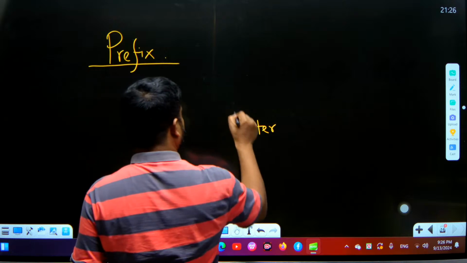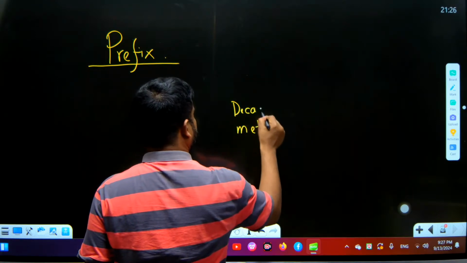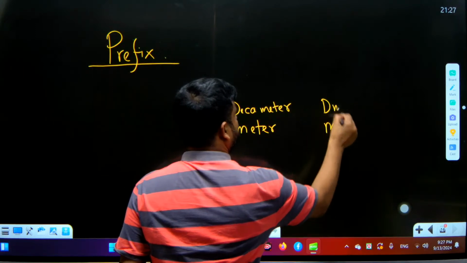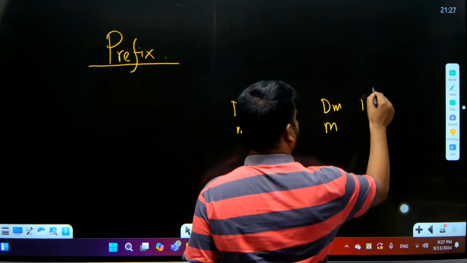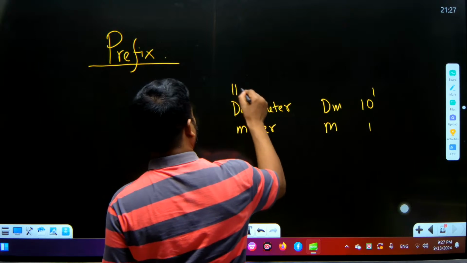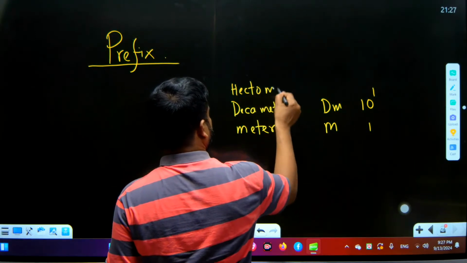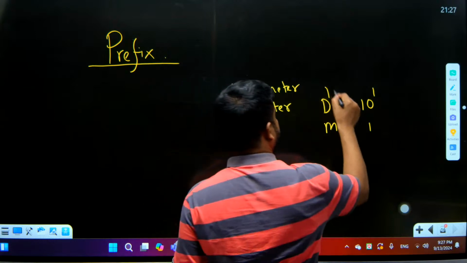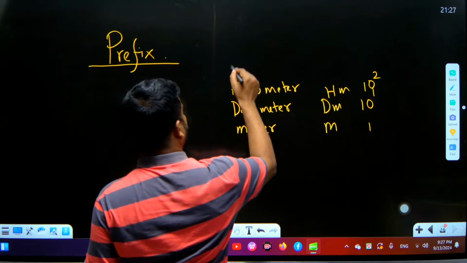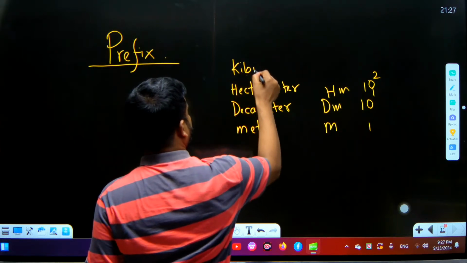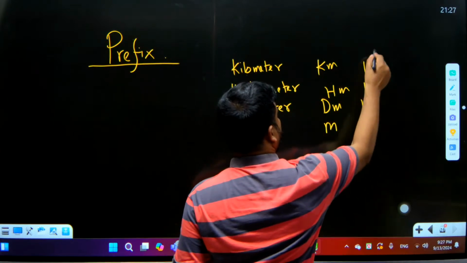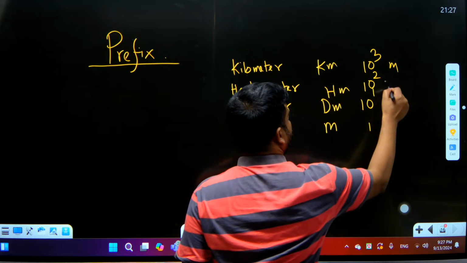So we use decameter, short form dam, meaning 10 to the power 1. Hectometer, we use hm, 10 to the power 2. And now kilometer, short form km, we use 10 to the power 3 meter.